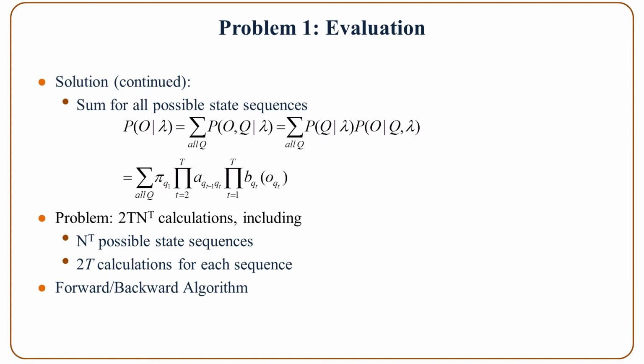Then we sum over all the possible state sequences to get the probability of O given lambda. And this is what we have.